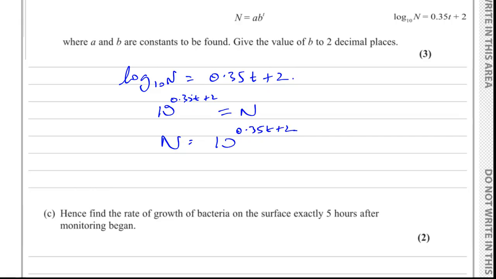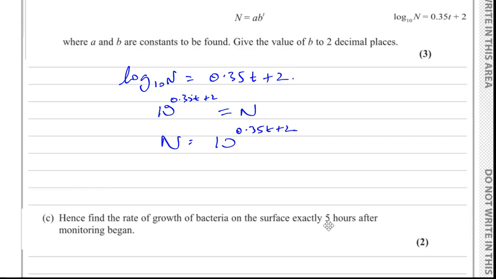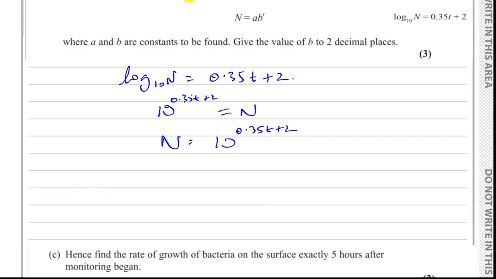What would we do to change it into that form? If we think in reverse, I know that a to the power of b times a to the power of c is a to the power of b plus c. So if we think backwards, we have 10 to the power of 0.35t plus 2. This is the same as saying 10 to the power of 0.35t times 10 to the power of 2.